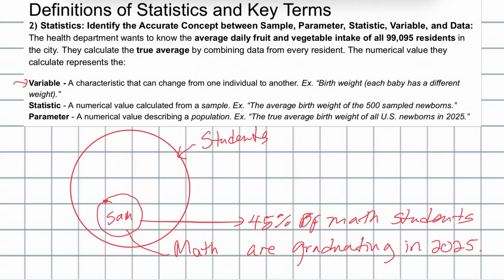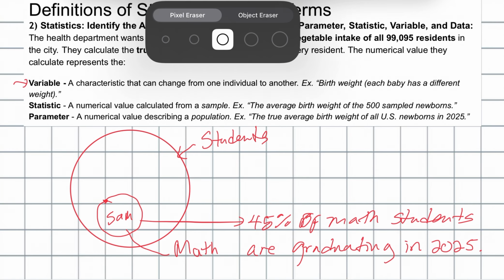Okay, so that is a statistic providing an example that describes a percentage, in this case a numerical value that describes the sample. Okay, I hope that was helpful to comprehend.